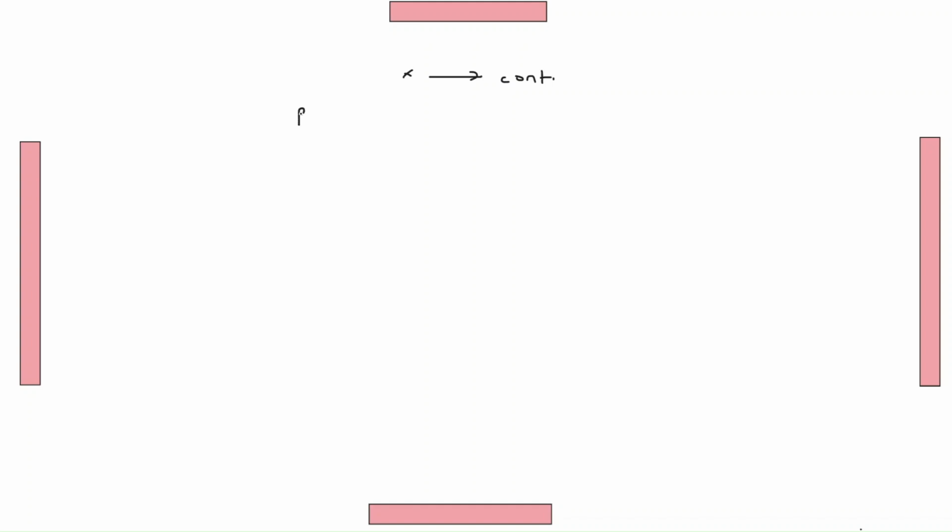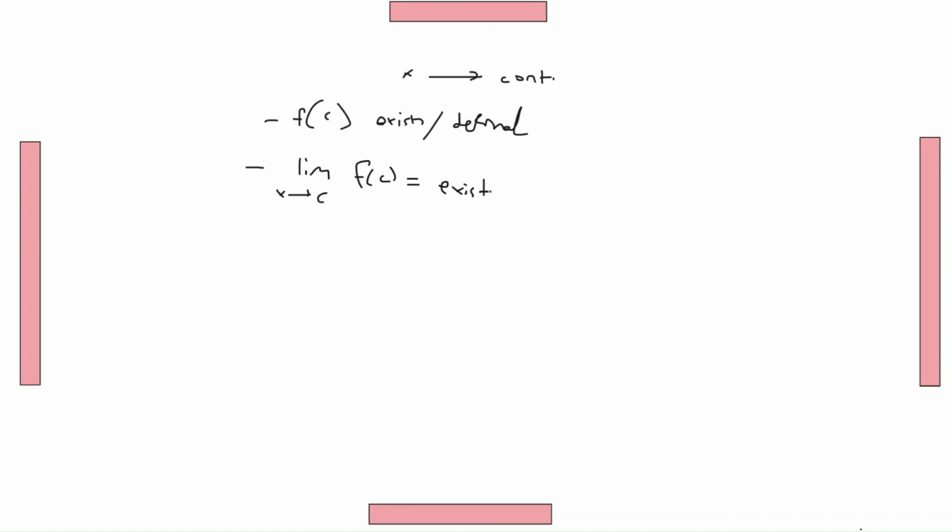First, f of c exists or is defined. The next thing is the limit as x approaches some value c needs to exist as well.